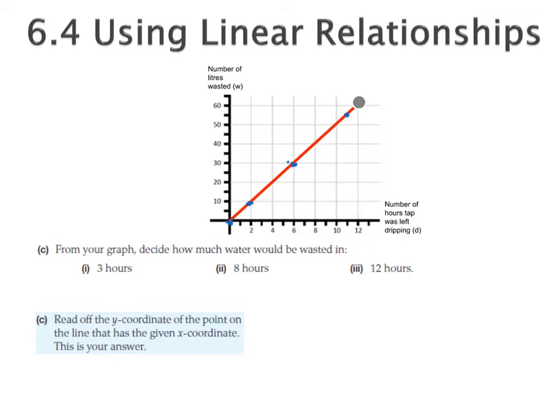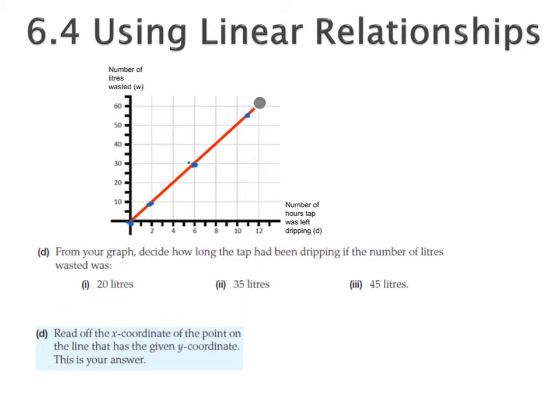So I'll go to the 3 hours, draw a line up, it's going to intersect my line, draw that line across, and from there you can see that it will cut through 15, so that's my answer for that one. If I go to the 8 hours, just follow the grey line straight up, then straight across, get an answer of 40, and finally for the 12 one, go straight up, follow it straight across, and I'll get an answer of 60.